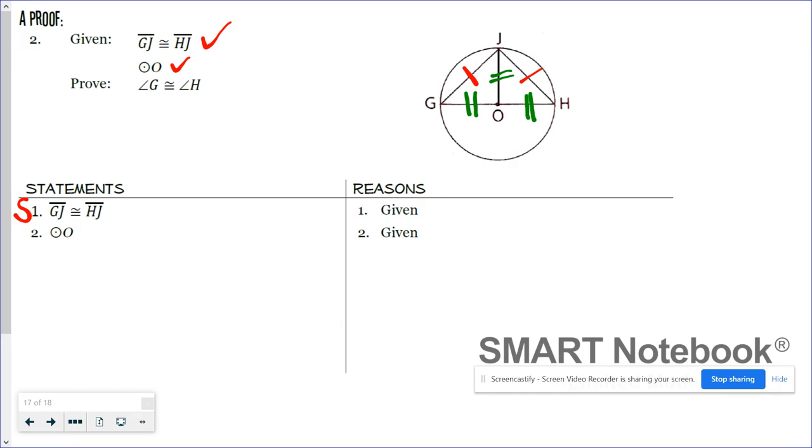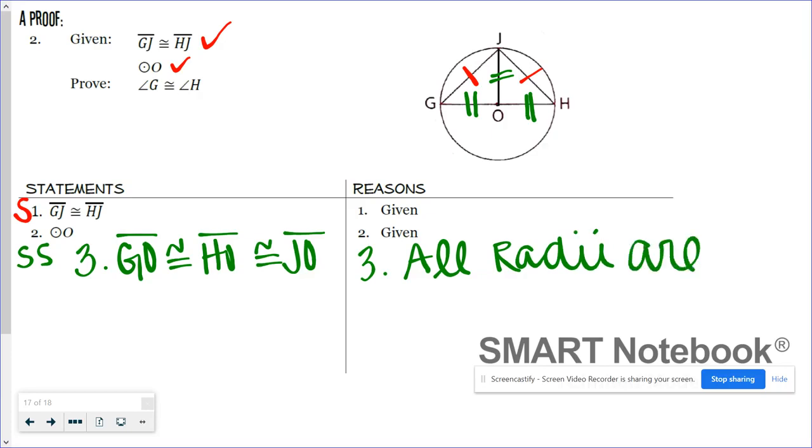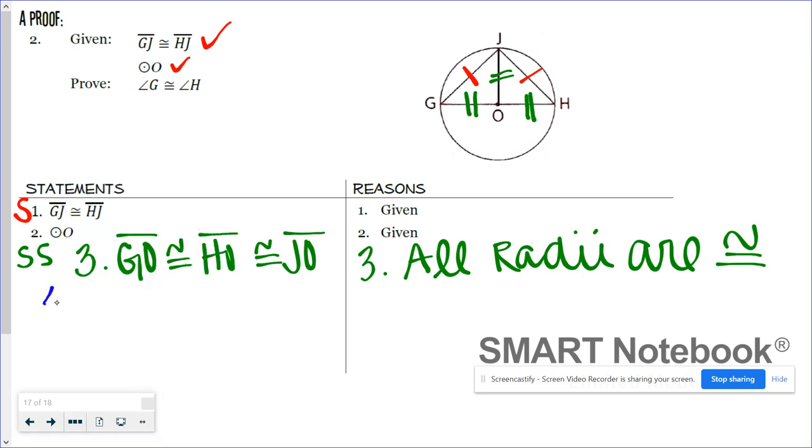Okay, just realize if you put all of those together in one step, we are going to get two sides in step 3 here. So in step 3, I'm going to say that GO is congruent to HO, is congruent to JO, and my reason is all radii are congruent. I've got my 3 congruences, which means I'm ready to say the 2 triangles are congruent.